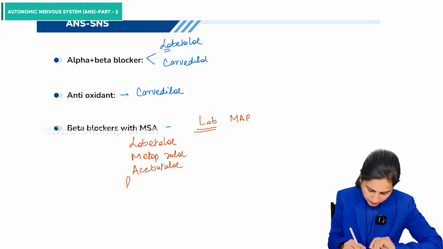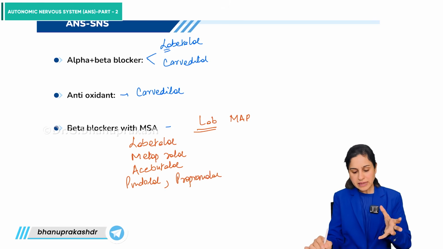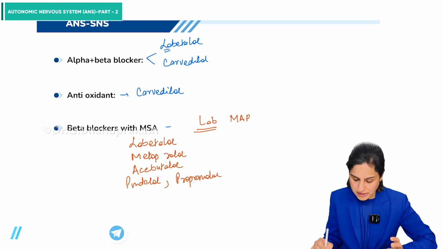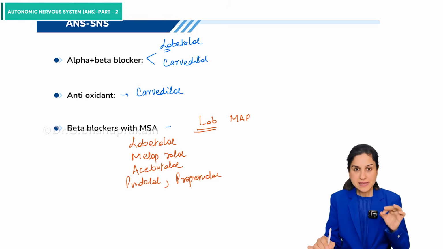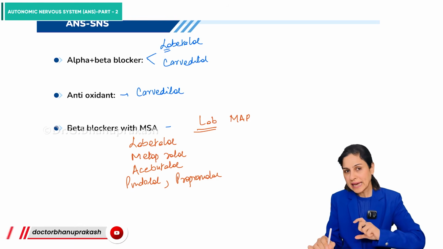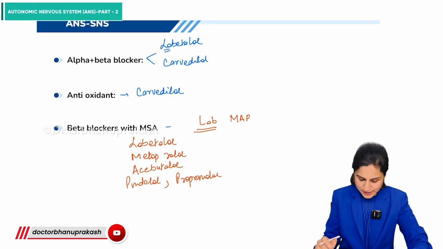Then we have pindolol and propranolol. So remember these few drugs with examples. So for MSA, we remember LabMap. For ISA, remember CoPA, and MeanCab for drugs which are cardioselective beta blockers.